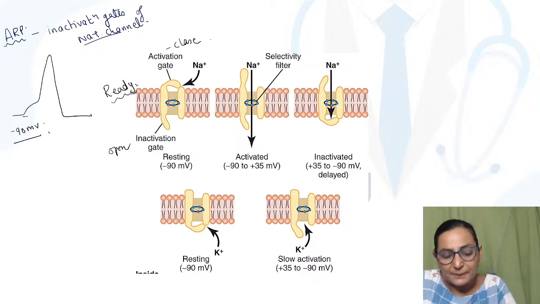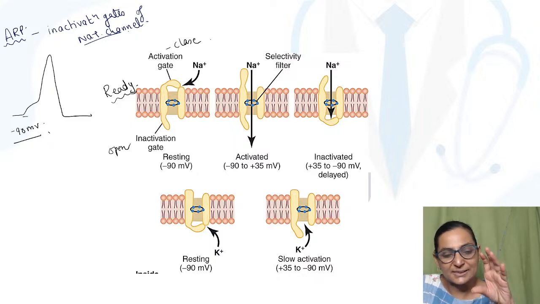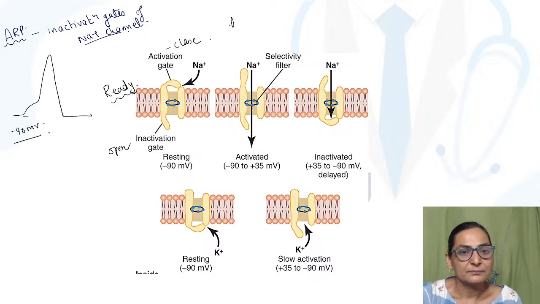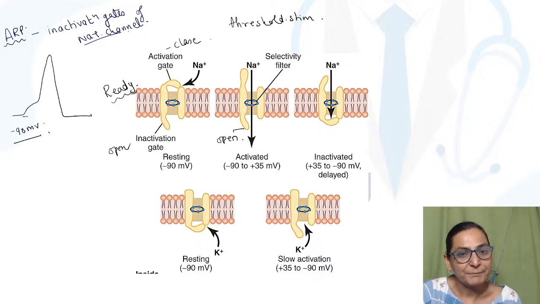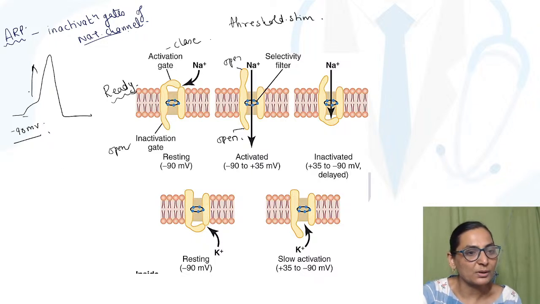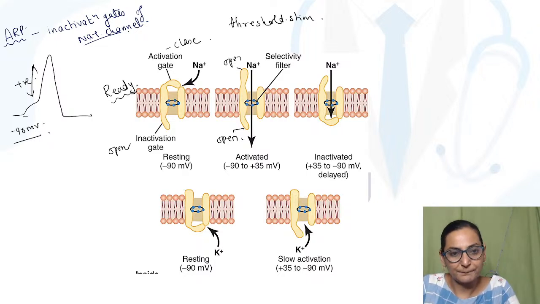Ready, that means जब inactivation gates जो अंदर के तरफ फेस करते हैं, जब वो ओपन होते हैं, this is the condition when the channel is ready, and as soon as you give a threshold stimulus, the inactivation gate is already open. बाहर का जो गेट था जो पहले बंद था ये भी खुल जाएगा, and the sodium will come inside and you will get this upstroke, activated state. Okay, you will get this upstroke, right?